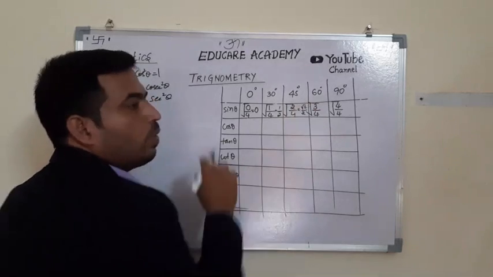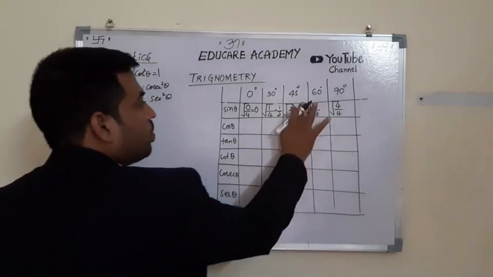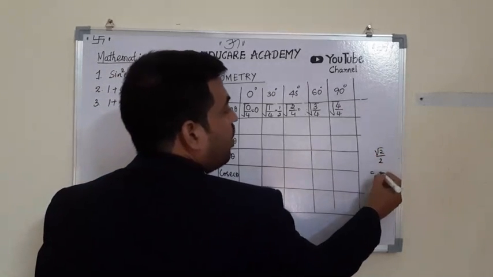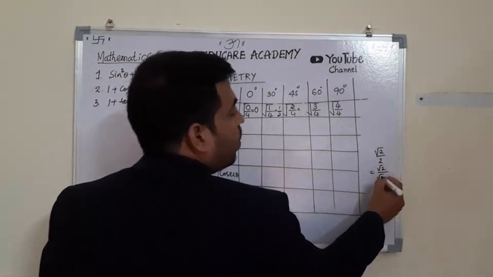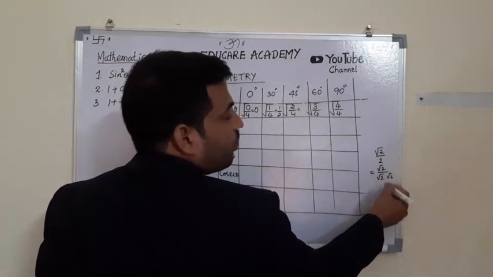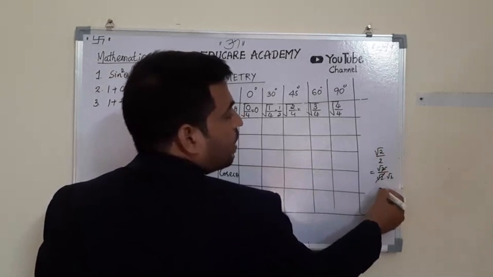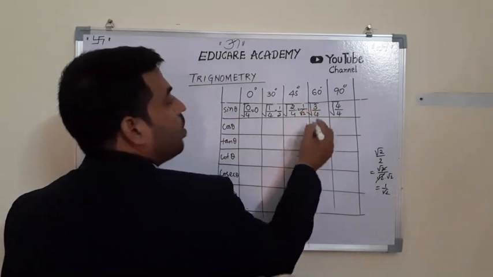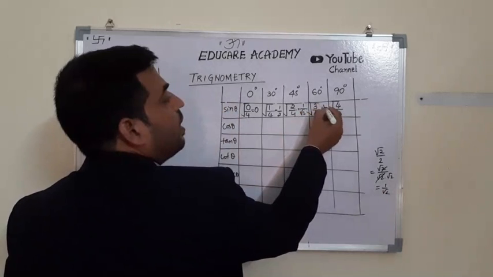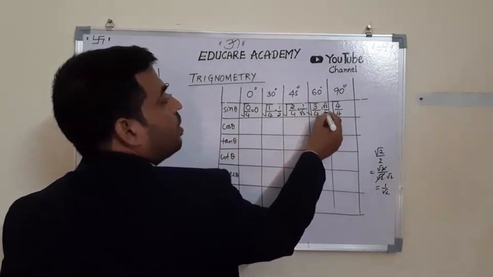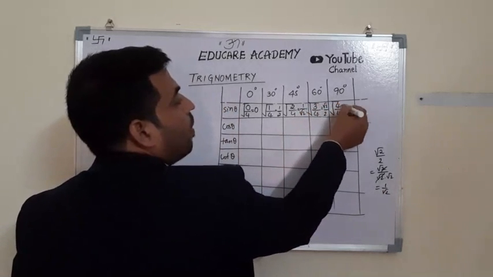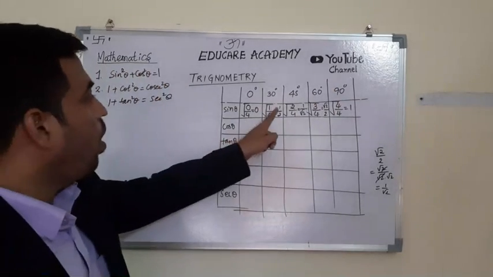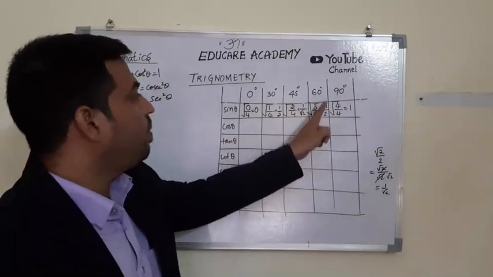So root 2 by 2 can be written as 1 by root 2, because 2 is root 2 into root 2, so one of them cancels, so 1 by root 2. Here root of 3 is root 3 only, divided by root of 4 which is 2. 4 by 4 is 1, root of 1 is 1. So we got values 0, half, 1 by root 2, root 3 by 2, 1.